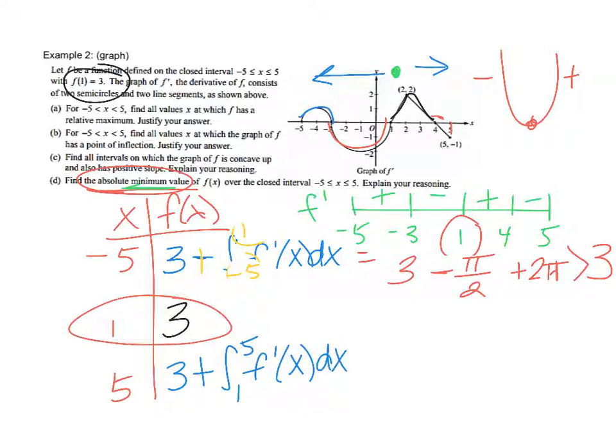So now let's find the area of this triangle in here. So I'm just going to do it right up here. Area equals 1/2 base times height. So this is equal to 1/2. The base here is 3 times the height. They're telling me that point is 2, 2, so I know my height is 2. So this gives me just 3. So the area here is a positive 3.